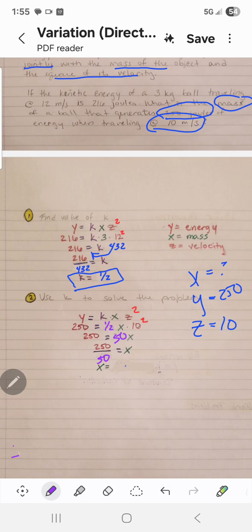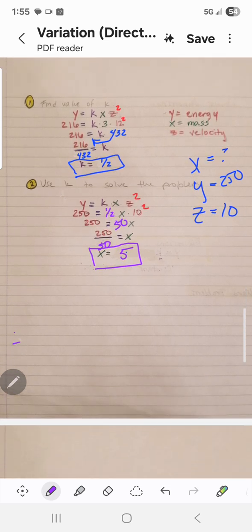So then you have to divide by 50. So now you've got 250 divided by 50, so you'll get 5. That tells you the mass of the ball needs to be 5 kilograms.